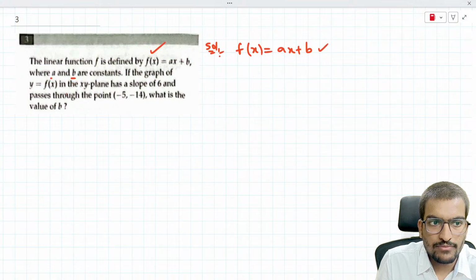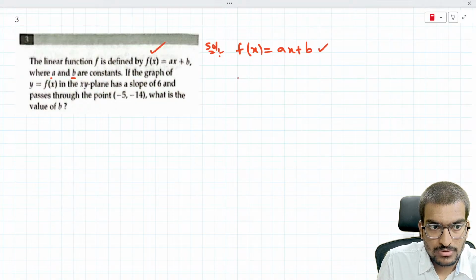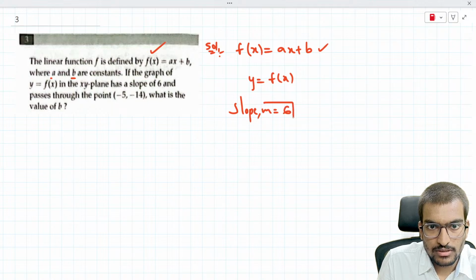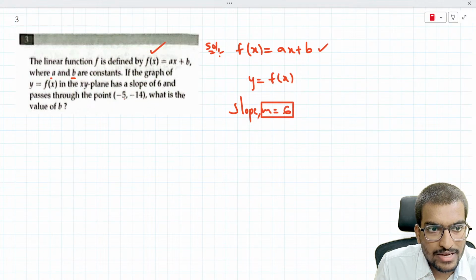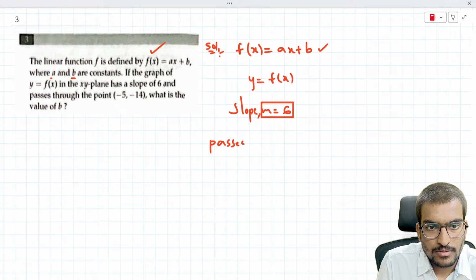The graph y equals f of x in the xy plane has slope 6, and they also mention its slope m equals 6 clearly, and passes through the point -5 comma -14. This is the given information.